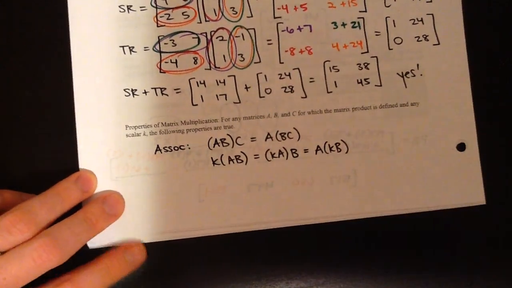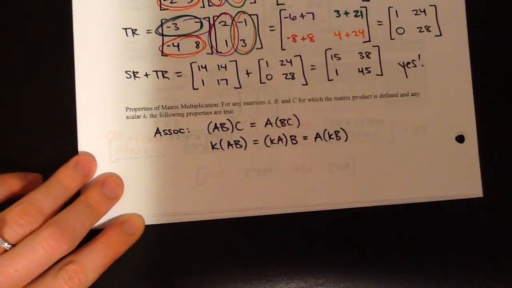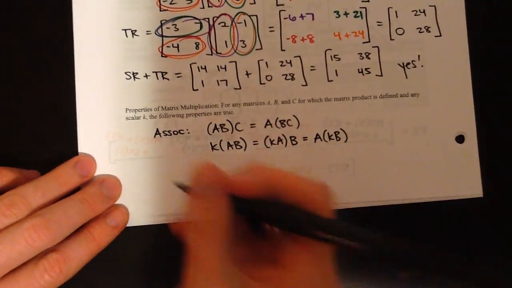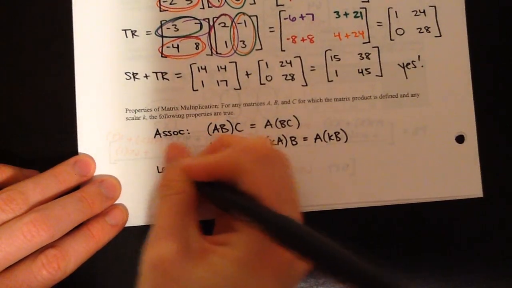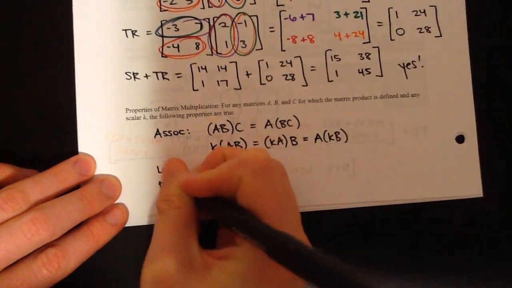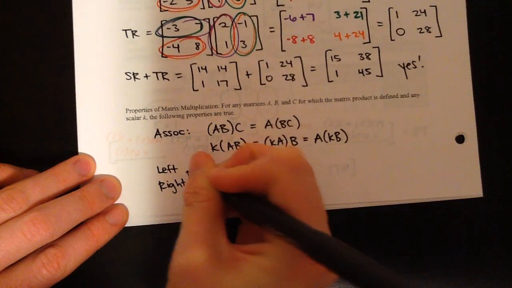So basically, that constant can go anywhere you want, and it's not going to change anything. And then we've got the left distributive property and the right distributive property.